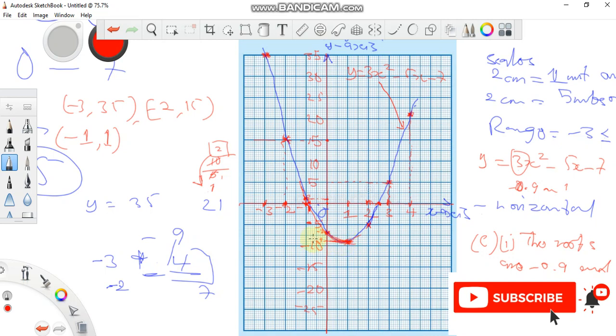So the minimum value of y is equal to -9.